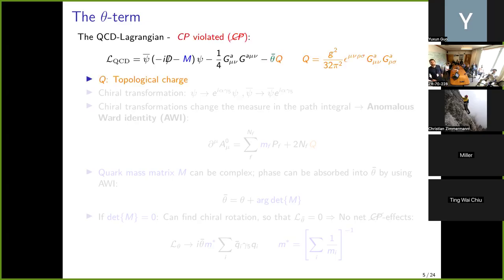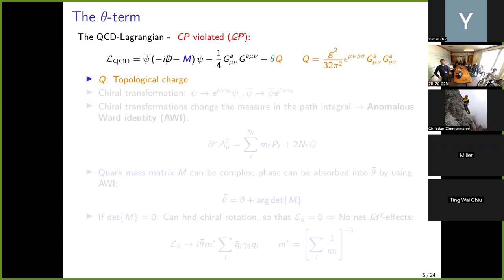And the theta term violates it. The theta term consists of a constant that we call theta bar in this case. I will explain the difference between theta and theta bar very soon. And Q is the so-called topological charge. So it contains the field strength tensor of the gluons and its dual version basically.